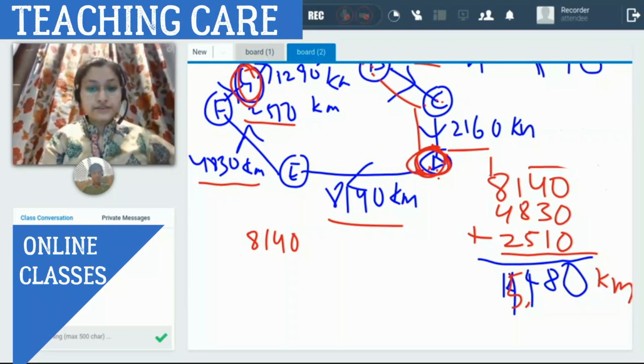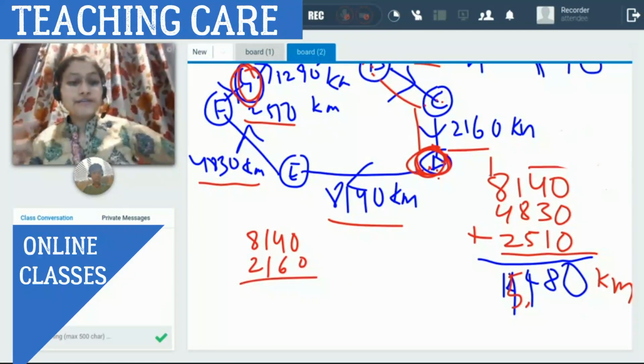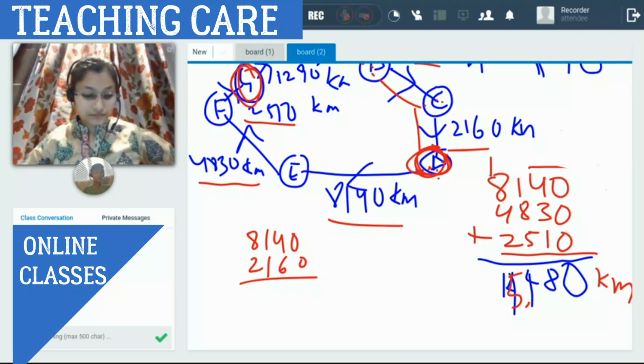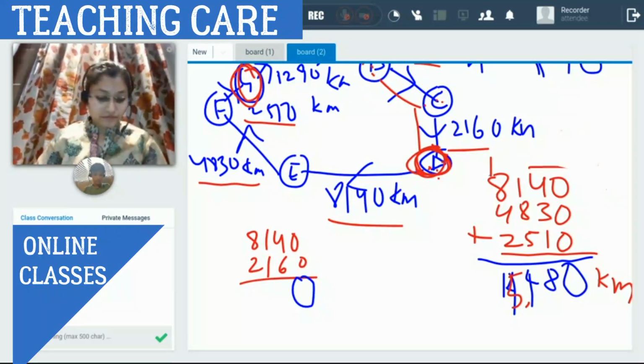Between D to E it is 8140, and C to D it is 2160. So I am asking you to find the difference between these two. We're subtracting. Yes, we need to subtract them. What will be the answer on getting it subtracted?